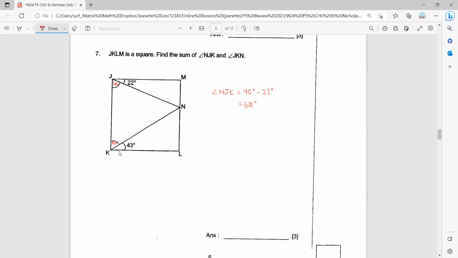Then now to find this one here, JKN, we also take 90 minus 43, which is 47. Then we find the sum. Okay, so 68 plus 47. Answer 115 degrees.